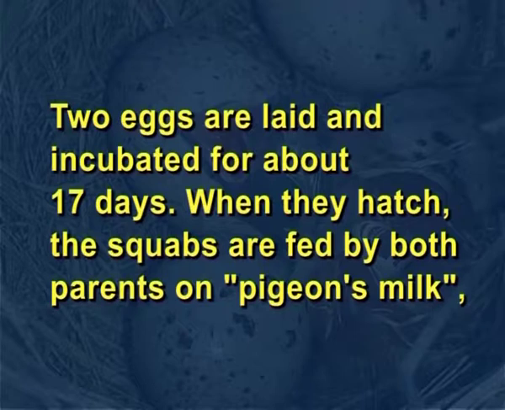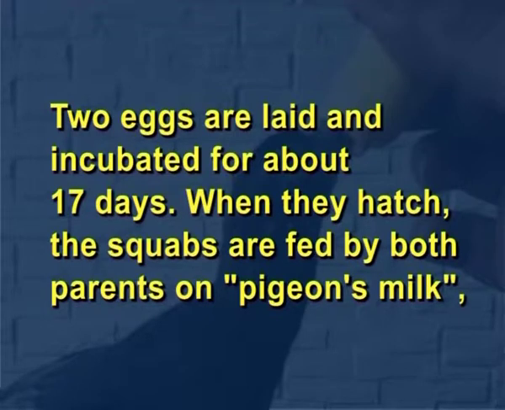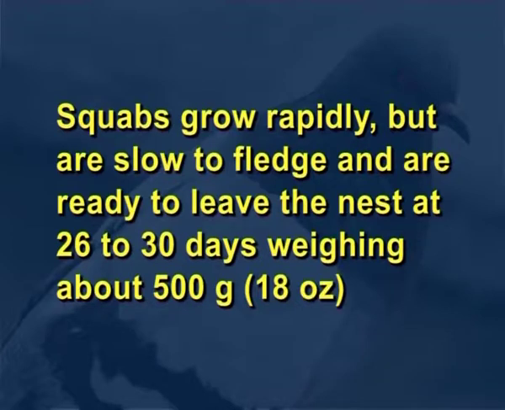Two eggs are laid and incubated for about 17 days. When they hatch, the squabs are fed by both parents on pigeon's milk, a thick secretion high in protein produced by the crop. Squabs grow rapidly but are slow to fledge and are ready to leave the nest at 26 to 30 days, weighing about 500 grams.